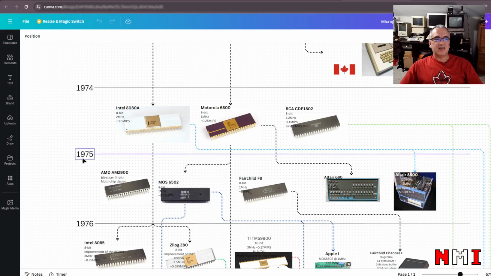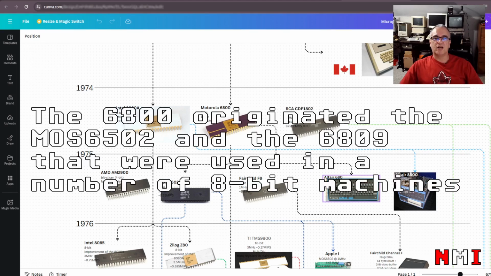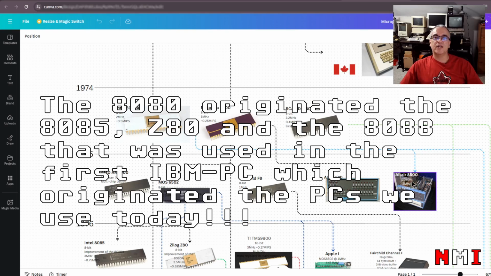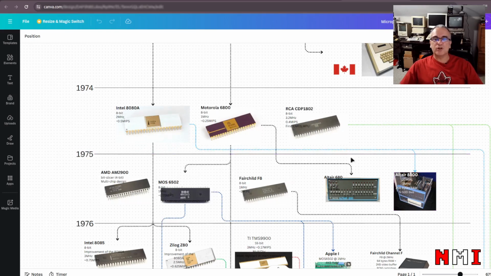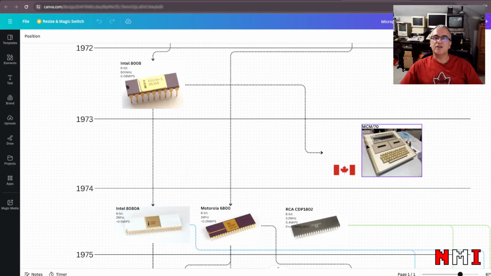And then we see only in 1975 the Altair 680 and the 8800, one based on the Motorola 6800 and the other on the Intel 8080. These were only launched in 75, 2 years after the MCM 70.